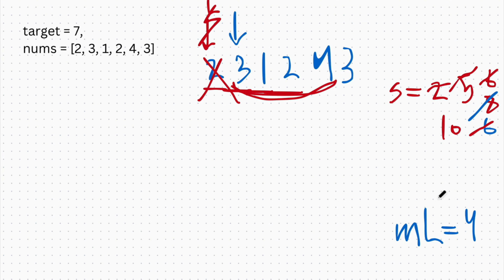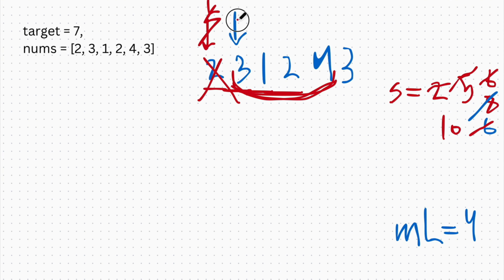So we should find the new ML, which is the minimum between the minimum length and the new length. The new length is 4, these four elements, and the ML is still 4.